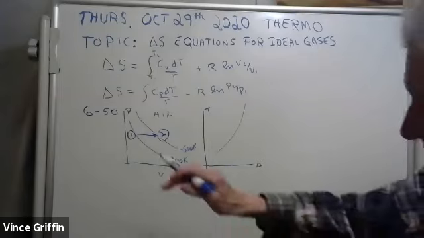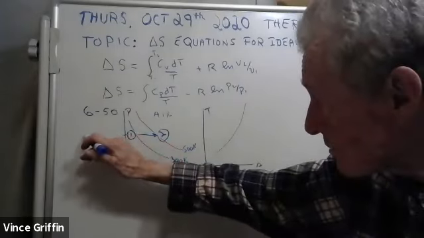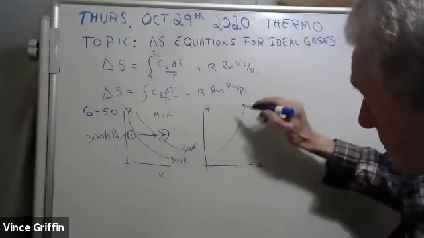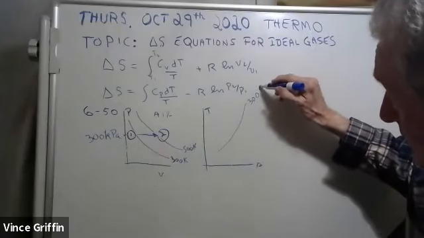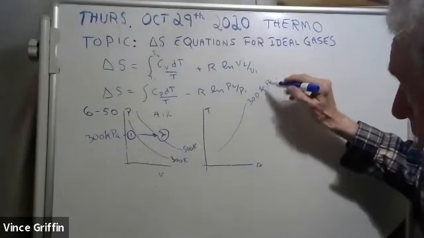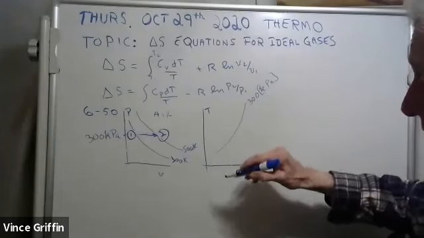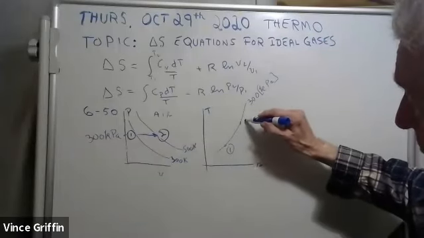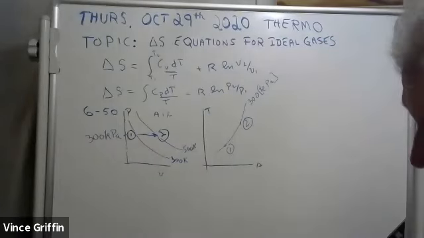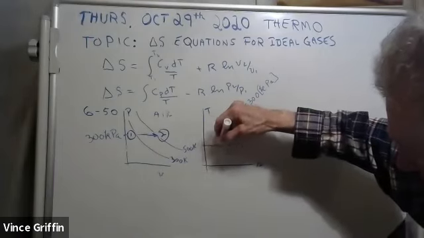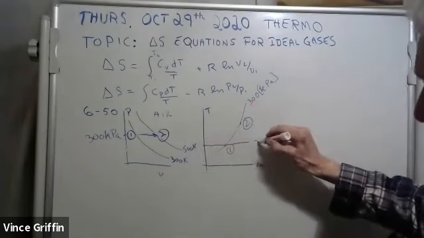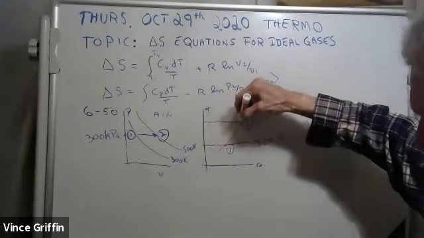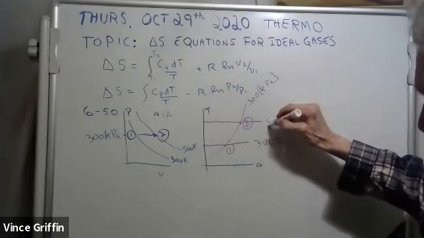It's 300 kilopascals. This is the 300 kilopascal isobar. There it is. And we're going to go from 1 to 2. Here's 1, here's 2, and here is 300 K, and here is 500 K.